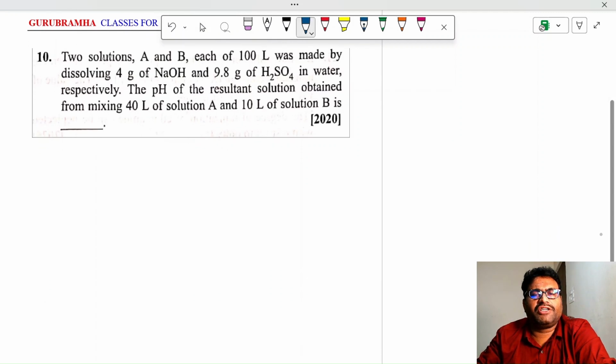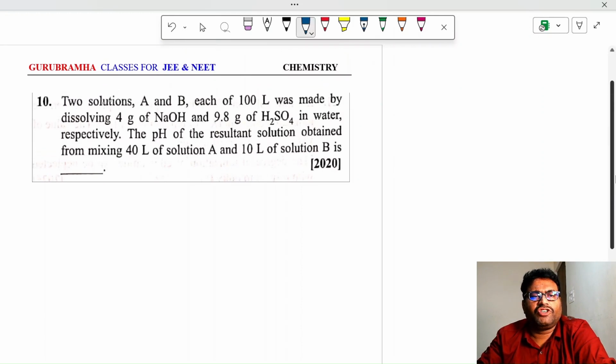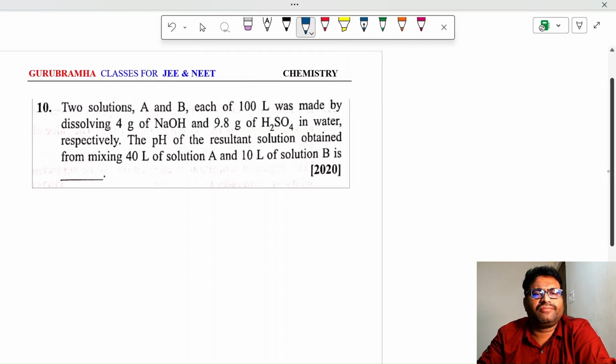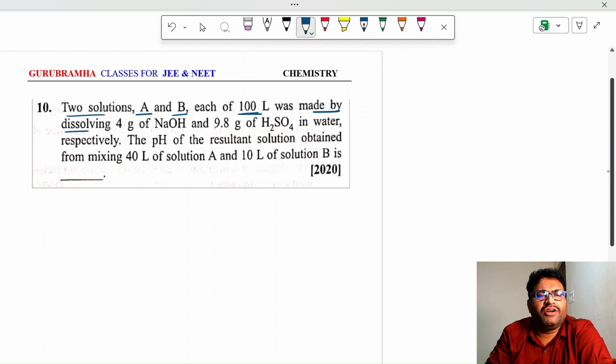So coming to the next question. Two solutions A and B, each of 100 liters, were made by dissolving 4 grams of NaOH and 9.8 grams of H2SO4 in water respectively.